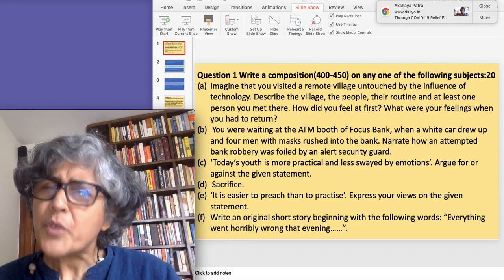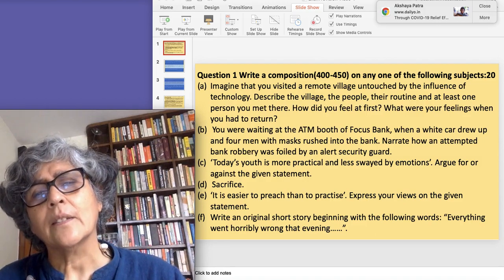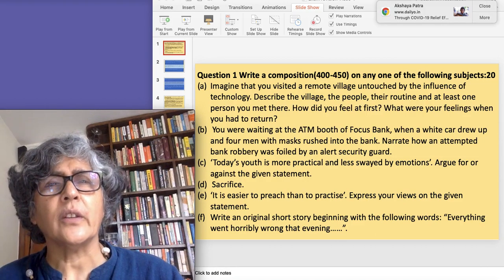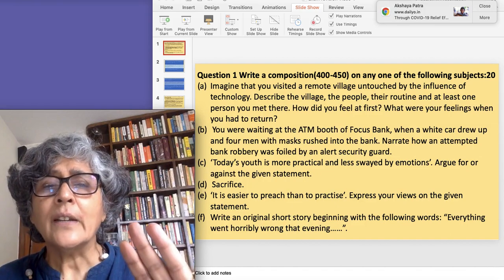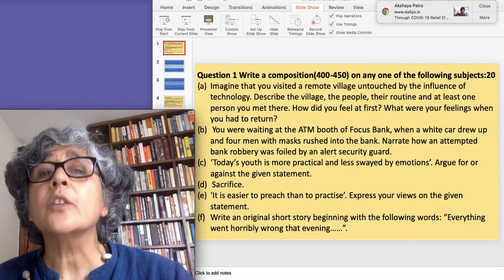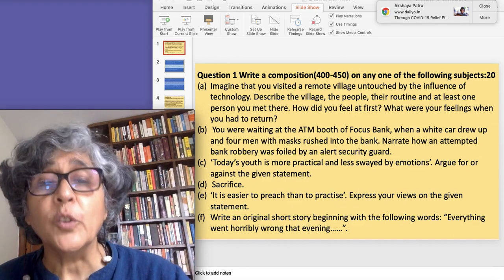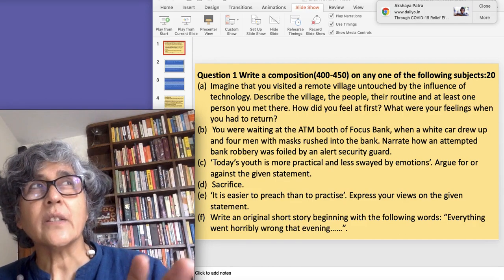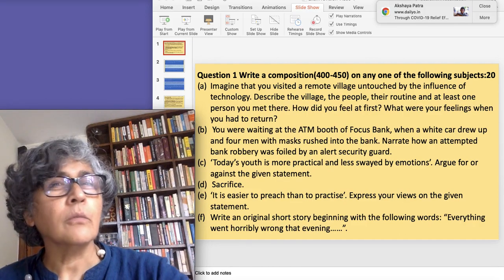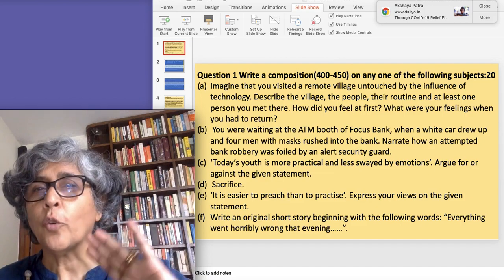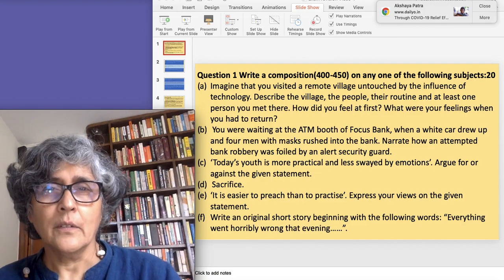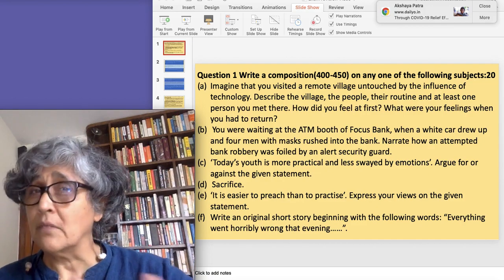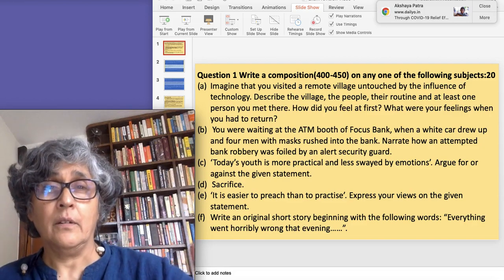It's easier to preach than to practice. Express your views on the given statement. Remember, you're not making an argument for or against. You're giving your views. Easier to preach than to practice. So it's just a narration of your opinion about it. Neither good or bad, up to you, but your opinion.